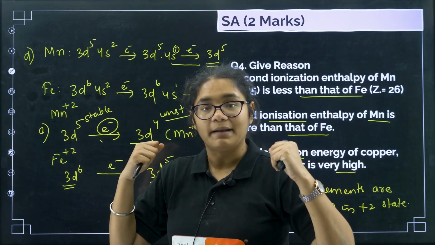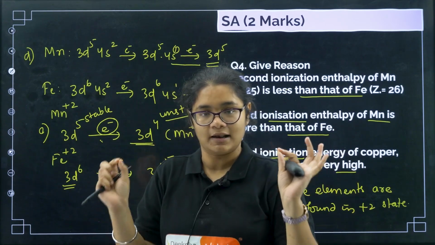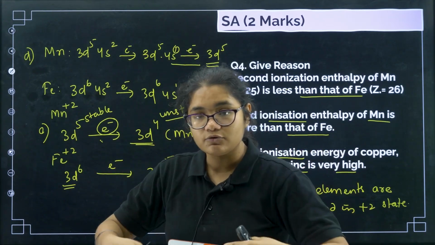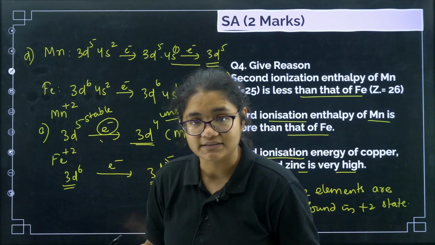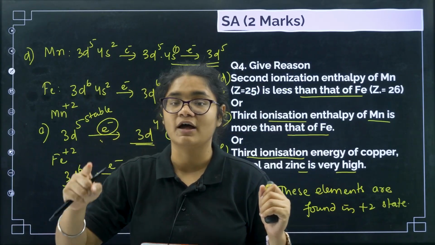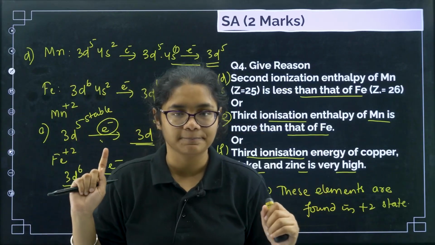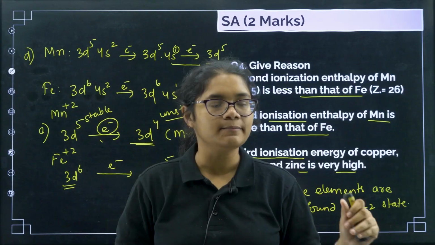In that case, the metal will be very happy to give you that electron, and ionization enthalpy will be low. Now if by removal of electrons the metal is becoming unstable, then it will not be ready to give up that electron, and you have to put more energy there, so ionization enthalpy will go high. I hope this concept is very clear.